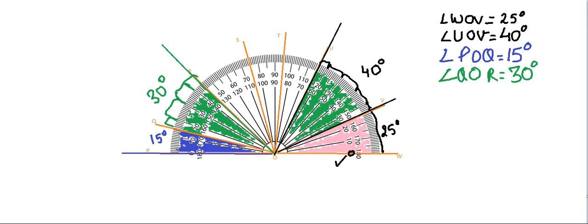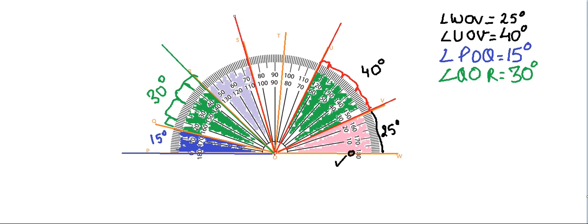Let us find out the measure for angle ROS. Again, we will focus on the starting initial ray. So this is the initial point and it is moving towards OS. Starting from OR it is moving towards OS, or we can also say starting from OS, so I have to take the initial point accordingly.